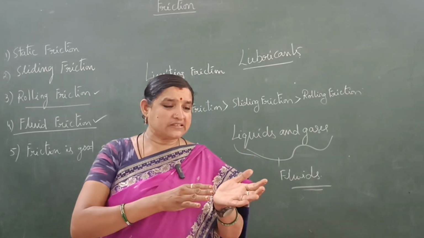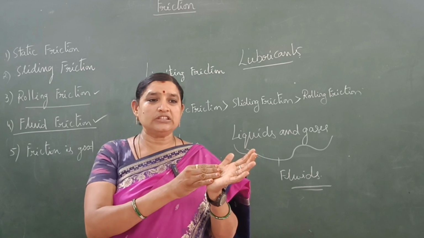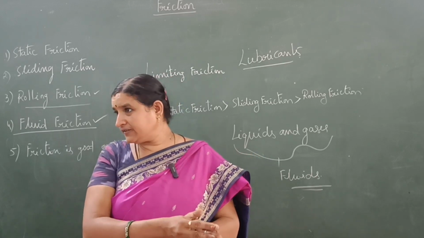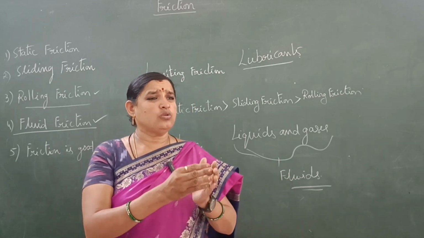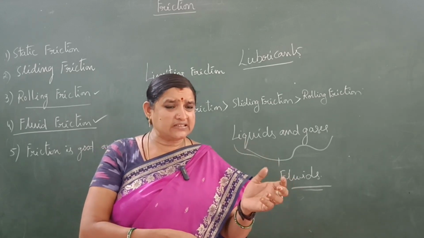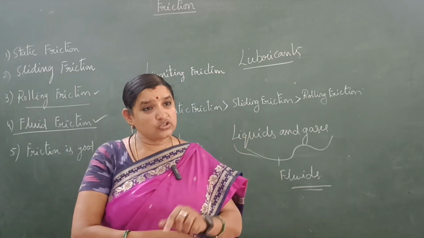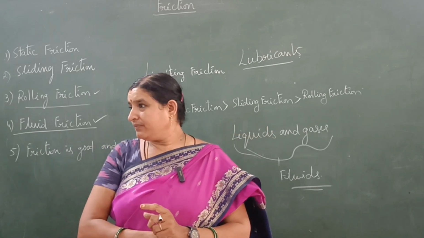When surfaces move on one another, these grooves interlock and increase the friction. To increase the friction, we keep some irregularities or rough surfaces. To reduce the friction, we use lubricants.